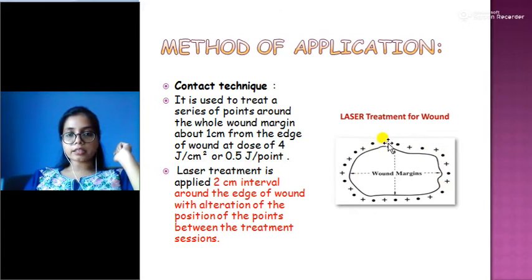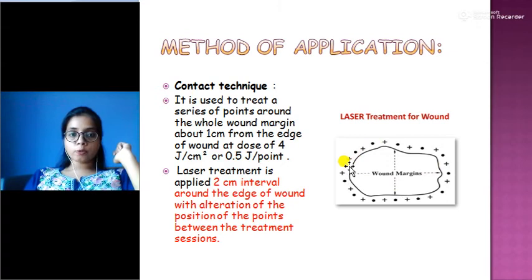As you can see, these dots are where the laser probe is applied, and between these two dotted lines there is a distance of 2 centimeters. So it is an alternate application at a 2 centimeter distance. This is the wound margin, so this point of application should be at a distance of 1 centimeter.